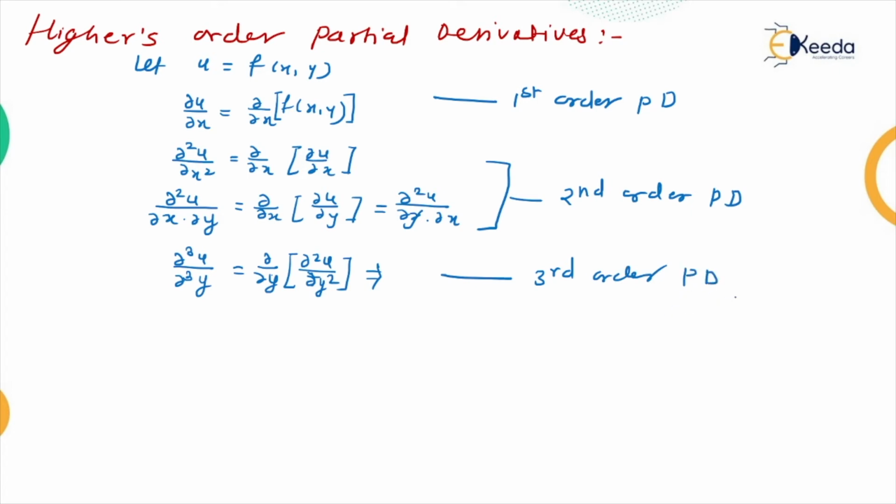So similarly we can also obtain ∂⁴u upon ∂x⁴, ∂⁴u upon ∂y⁴, and in this way. These are called as higher order derivatives. Similarly other higher order derivatives can also be obtained.